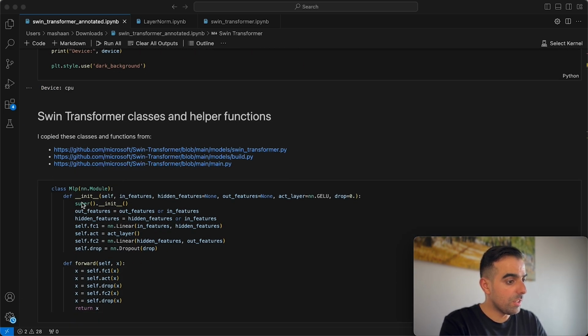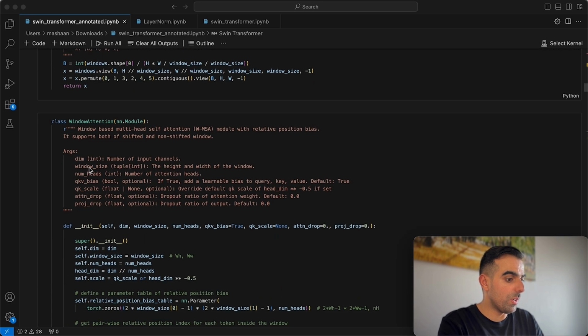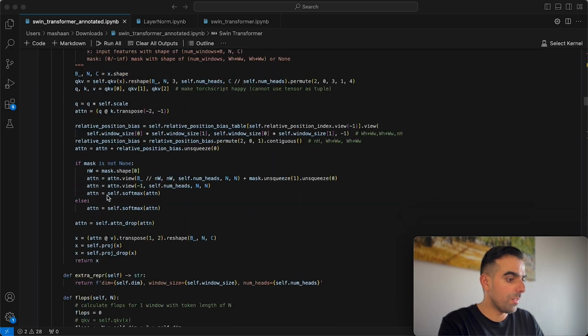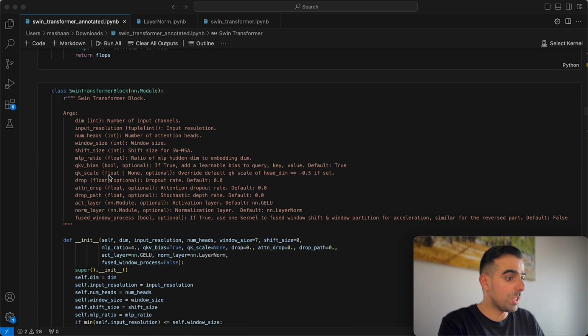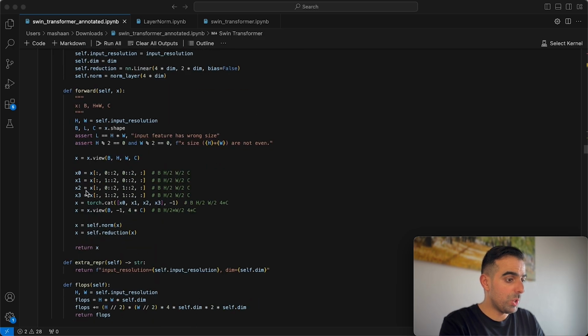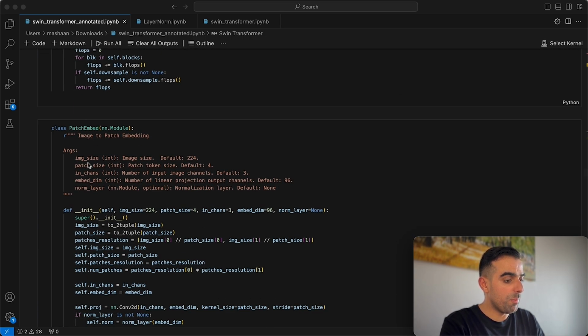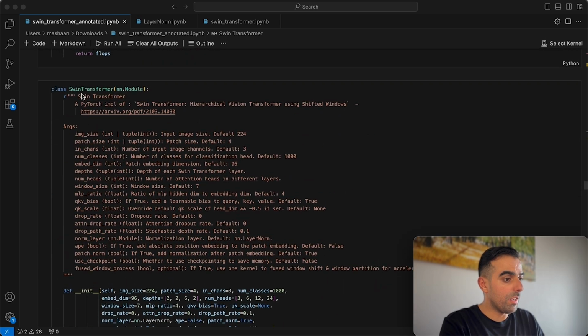Here is the start of the Swin Transformer classes and helper functions, which I get from these 3 files: the class MLP, window partition, window reverse, window attention, Swin Transformer block, patch merging, basic layer, patch embedding, and the class Swin Transformer, which packages everything into one model.